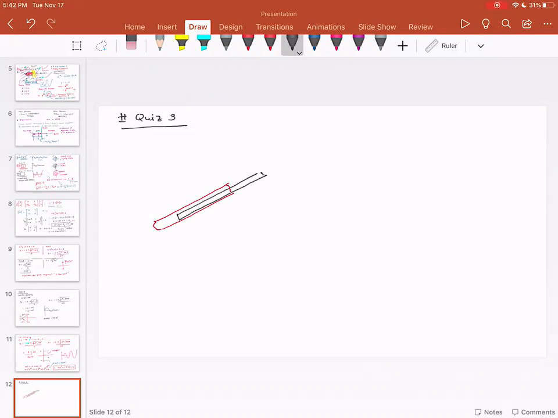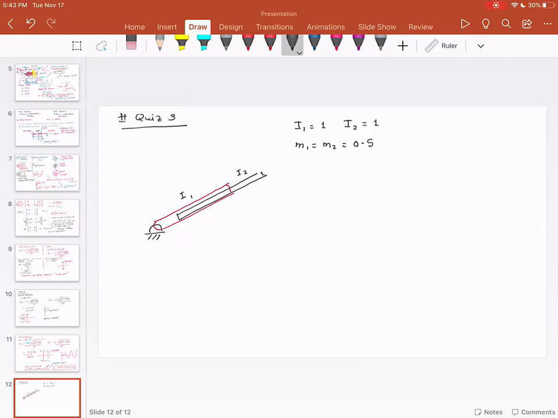What you have is an inner rod, I1, and an outer rod, I2. In this particular case, I1 is given as 1, I2 is given as 1, and M1 and M2 are given as 0.5.